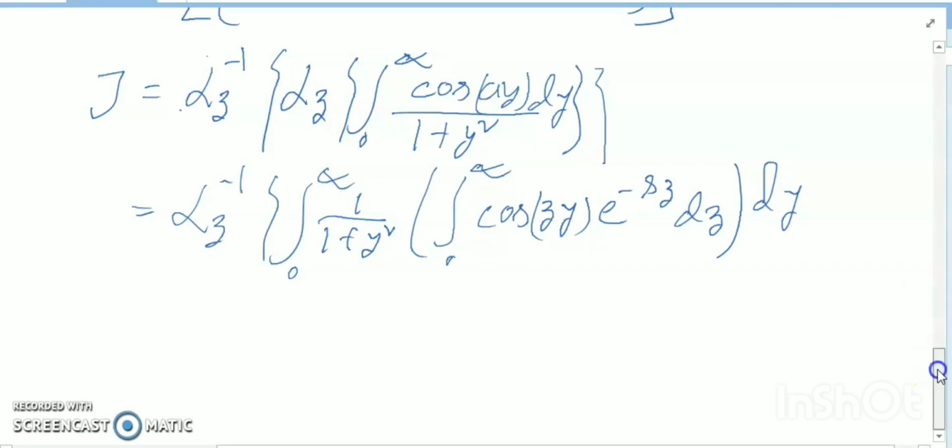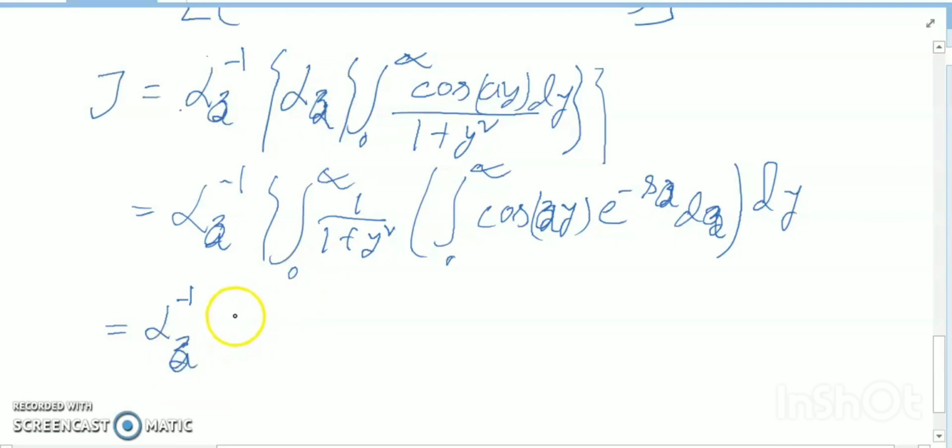This is not z, sorry, it is a, so it is L_a inverse and L_a.